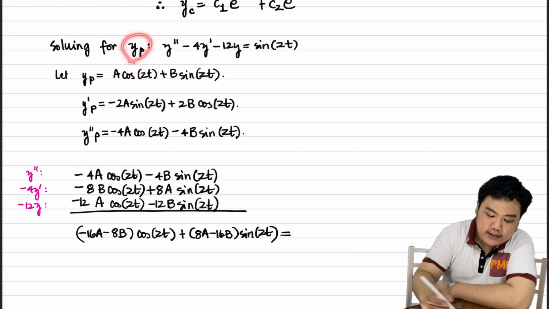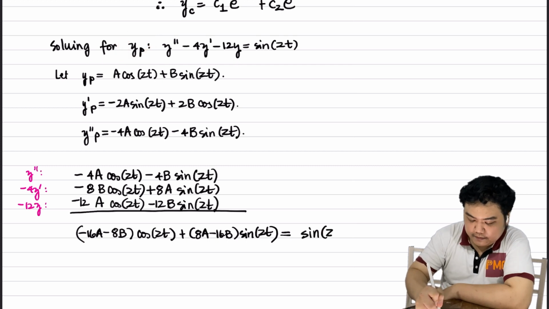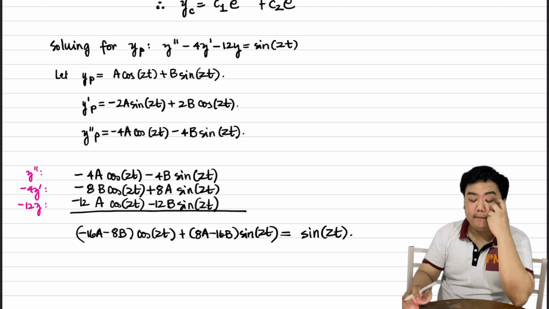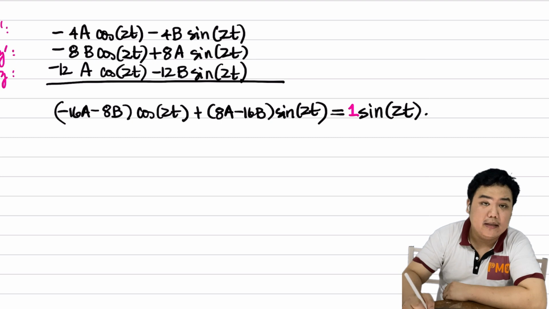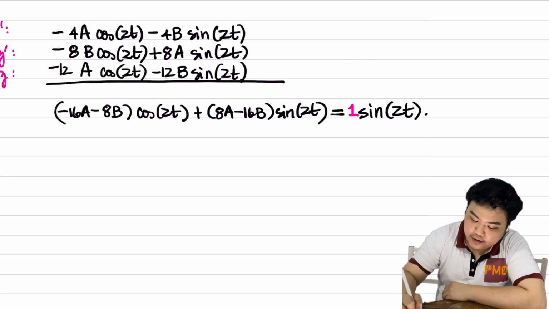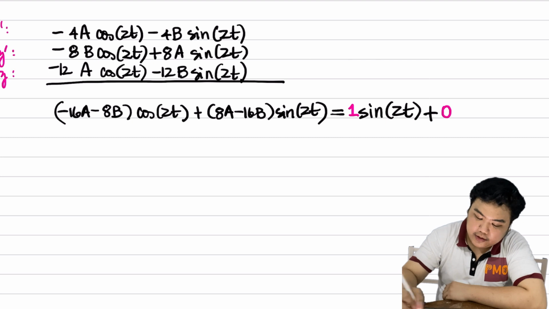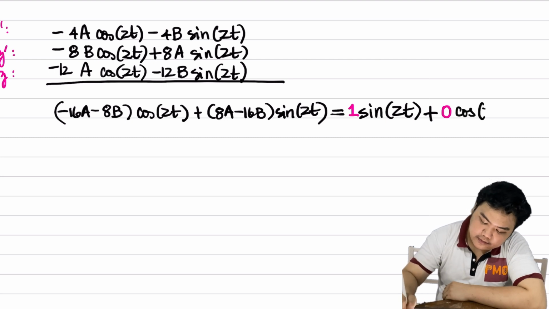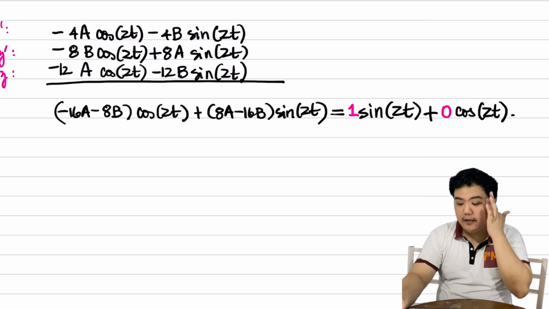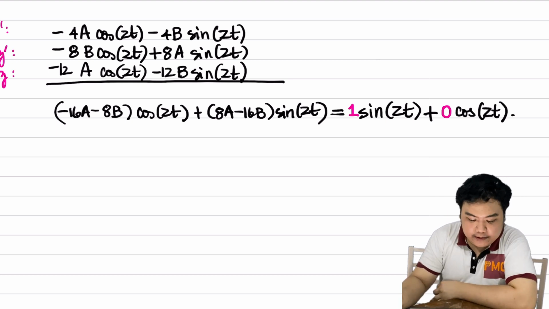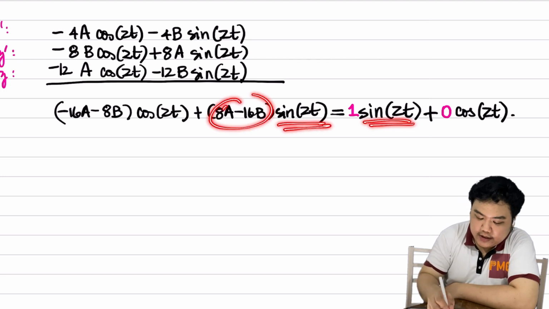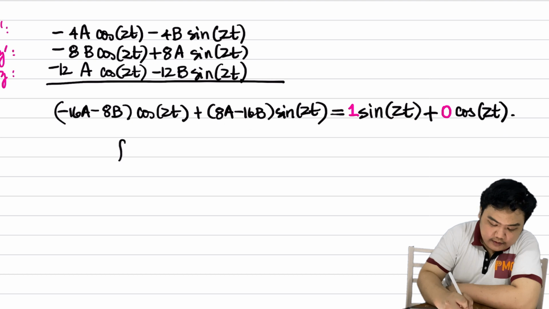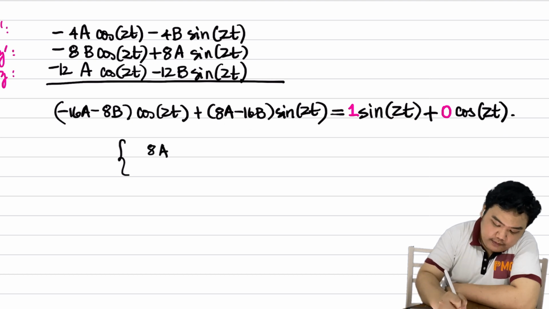Okay? Then here you equate coefficients. What is the coefficient of sine 2t? 1. And remember, you can put an invisible cosine here, but multiplied by 0. Okay? Then what happens here? The coefficient of sine, which is this, should be 1: 8a minus 16b is 1.